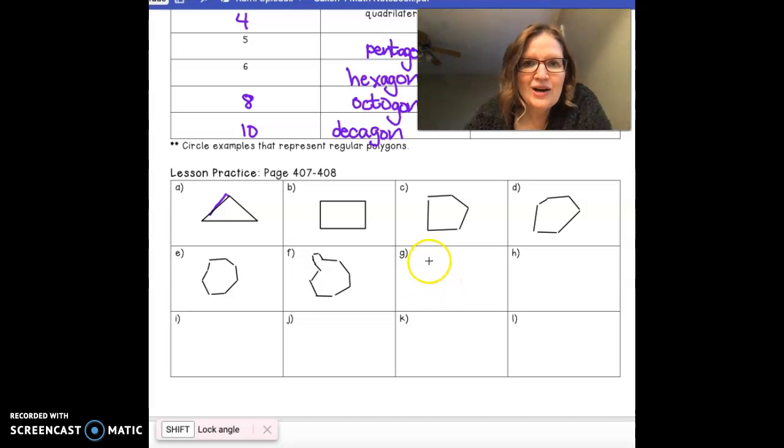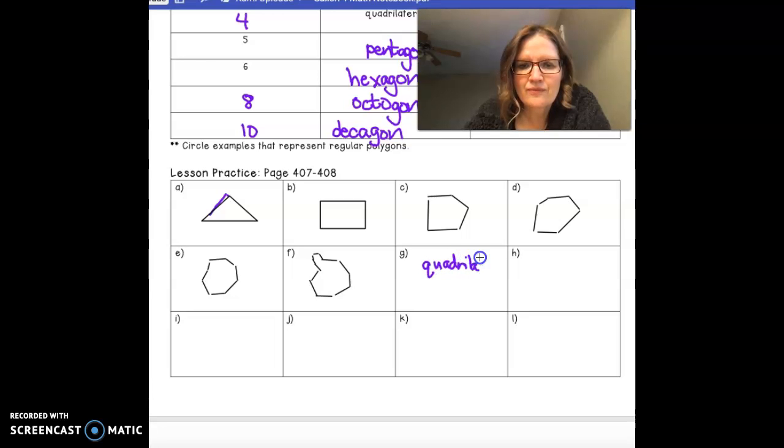For G, we know that it has 4, so we say, oh yes, I'm going to put our writing thing on. We are going to go with a quadrilateral. And it's made out of right angles.